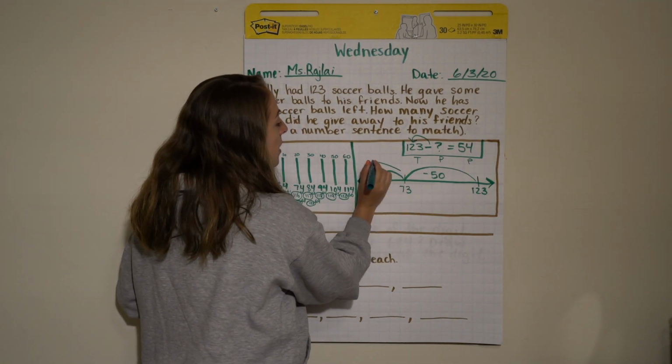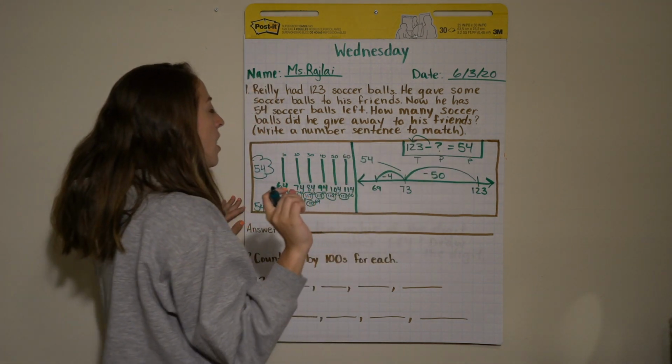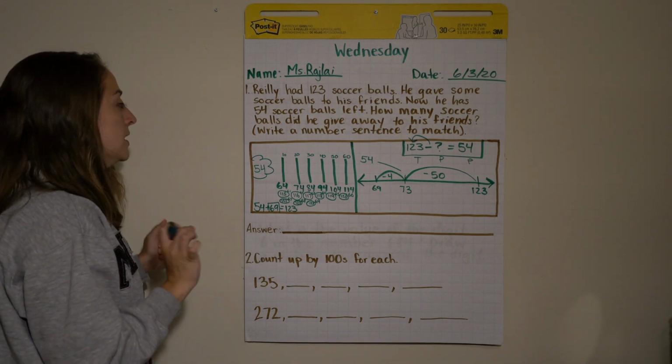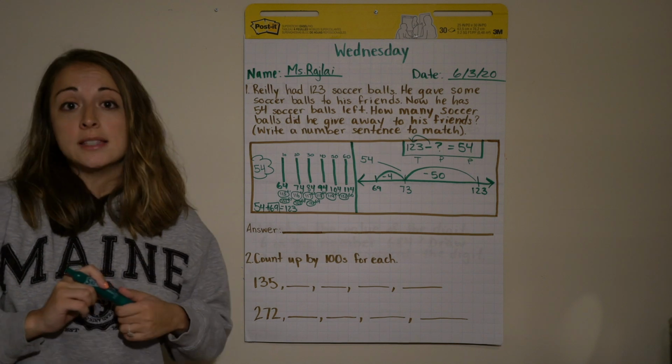We know at the top here, this represents our 54 from this one. Okay, now you're going to write your answer in a complete sentence. How many soccer balls did he give away to his friends?